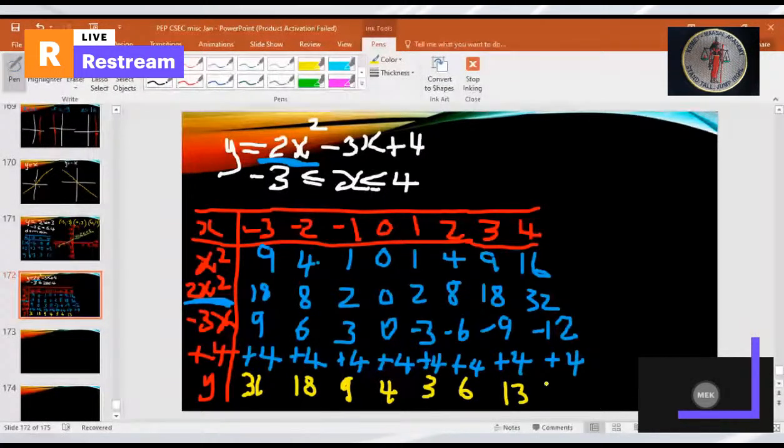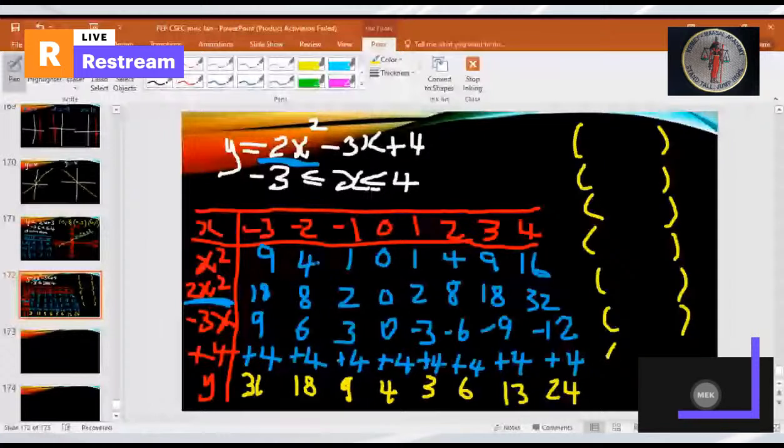So if I look at my set of coordinates, seeing that all my y values are positive, what that says to me is I can manipulate my graph and draw only the positive y-axis.